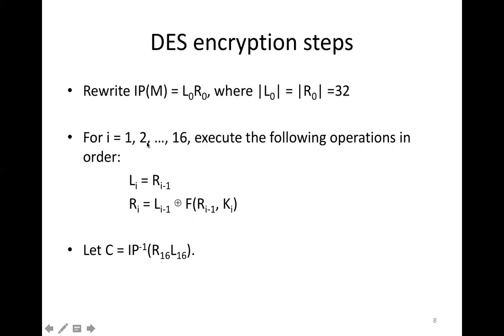Then we do it for 16 rounds. This is exactly the same as in the Feistel Cipher. Once you get down to your output, you apply the inverse of the initial permutation. Permutation is a one-to-one and onto mapping, so the inverse exists, and it is also defined on page 57. This is pre-computed.